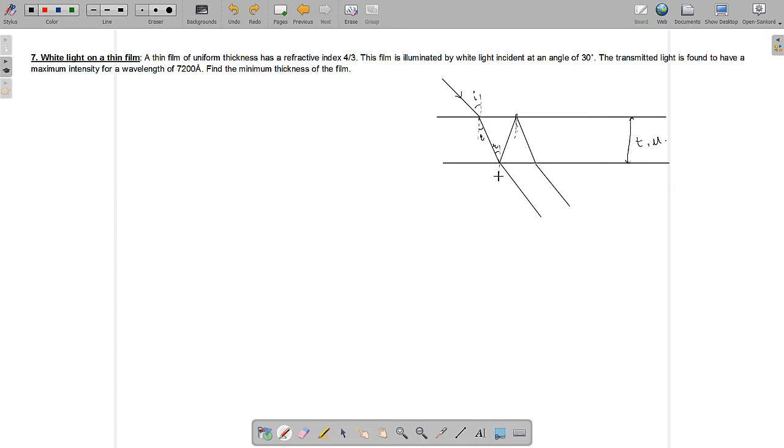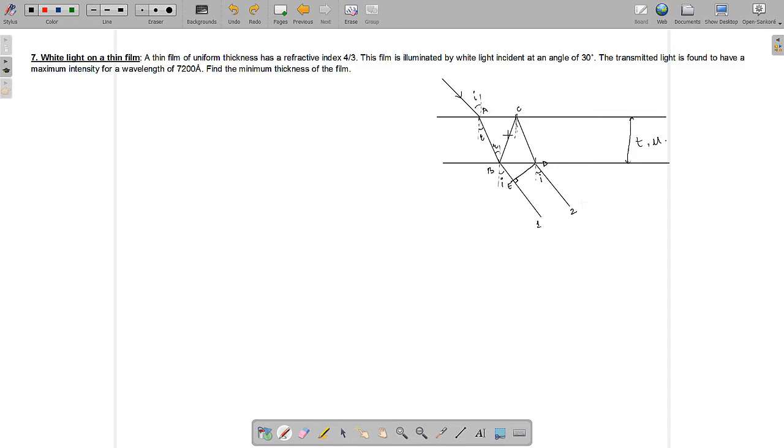When they emerge out, this will be I, and this will also be I. So let's name these points. Let's say this point is A, this is B, this is C, and this is D. And if I drop a perpendicular from this point onto this final emerging light, let's say this is E. These are the waves which are transmitted out.